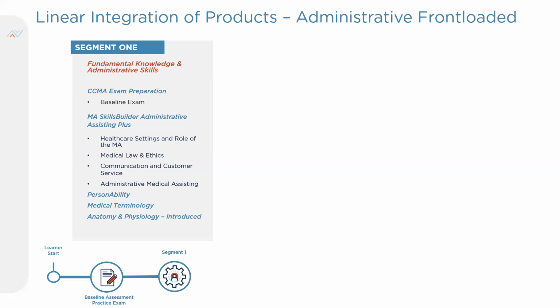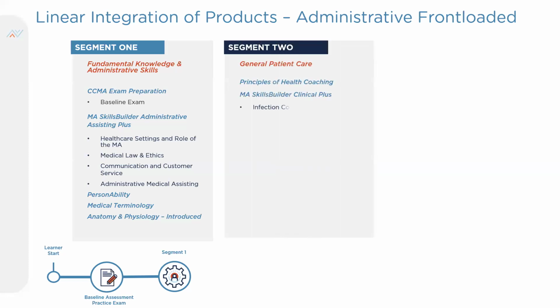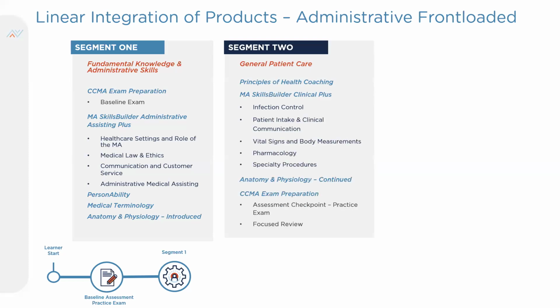And, if you're doing maybe a wheel curriculum or a wheel program, you could have your learners simply exit the program at this point if they were engaging in CMAA prep. They could then go on and continue with their clinical medical assisting with this pacing.